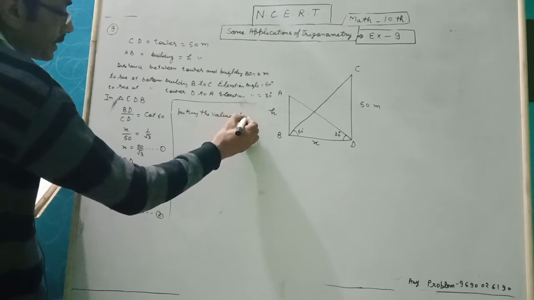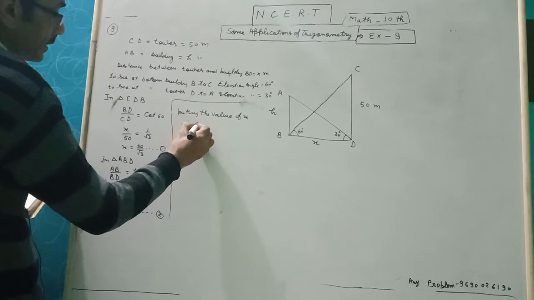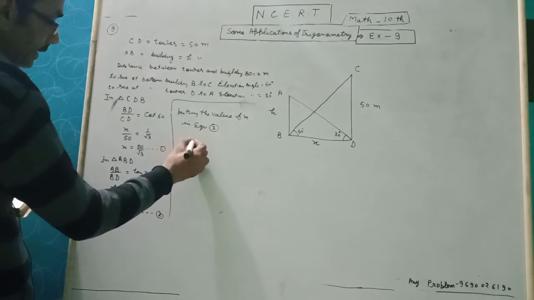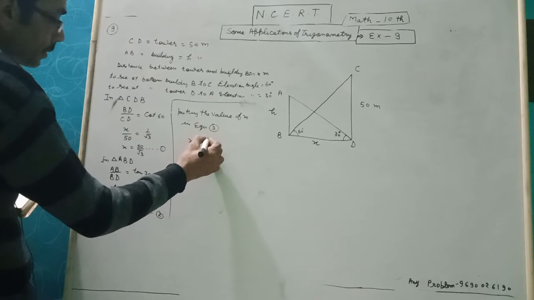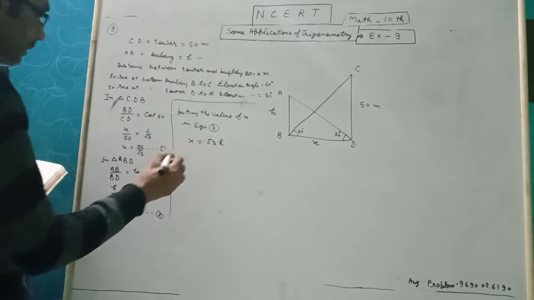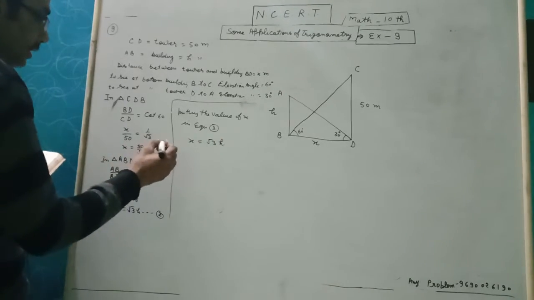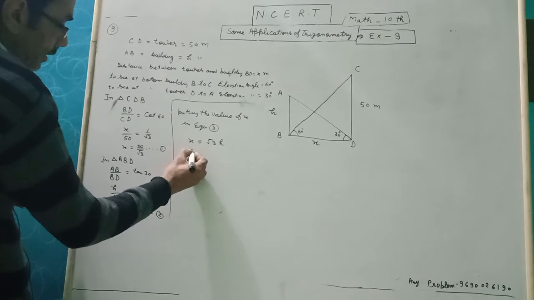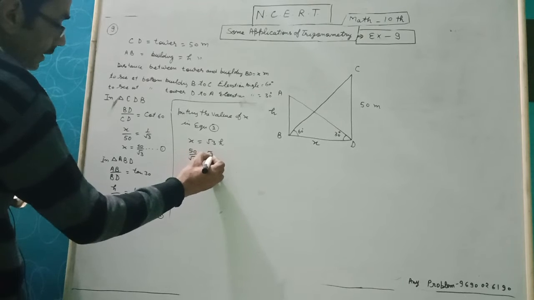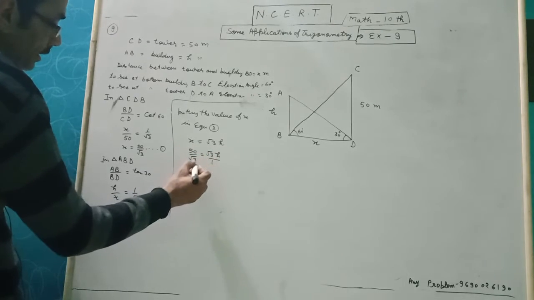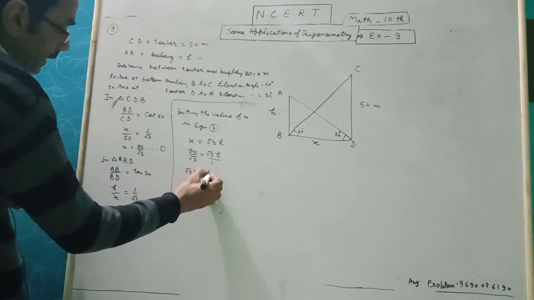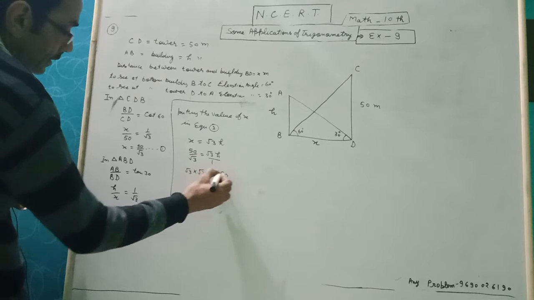Putting the value of x in equation second. Second equation is x is equal to under root 3 h. We put x is equal to 50 upon under root 3 is equal to under root 3 into h. After cross multiply, under root 3 h is equal to 50.